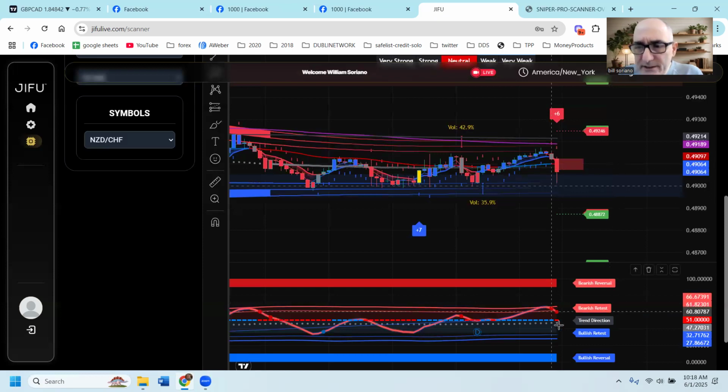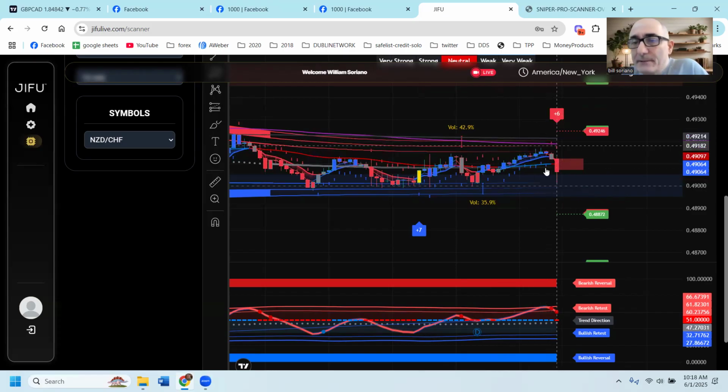Now we do see here that the trend direction is red down here in the sniperator. You have a bearish, and that's the required. So it has all the required conditions, right? Of course, I'd like to see the price move back inside of that second volatility line, but it didn't.